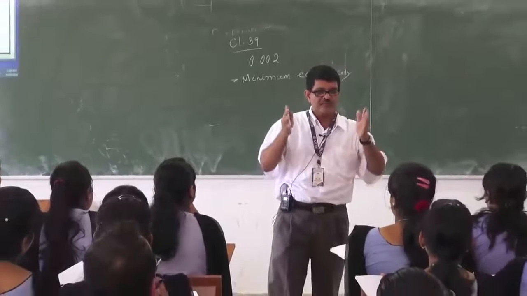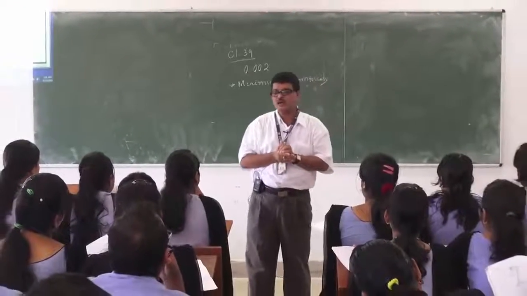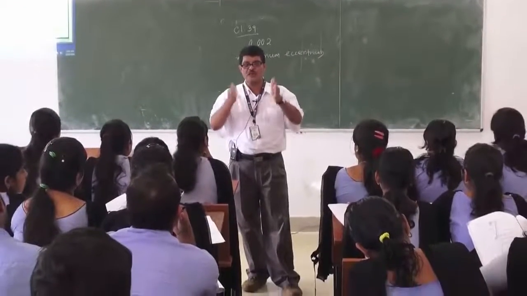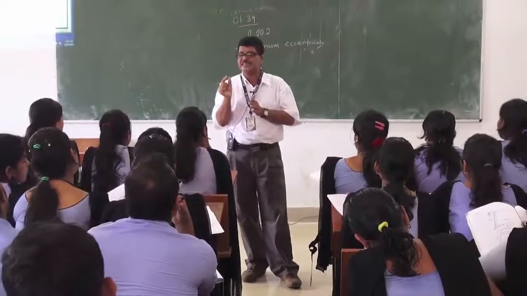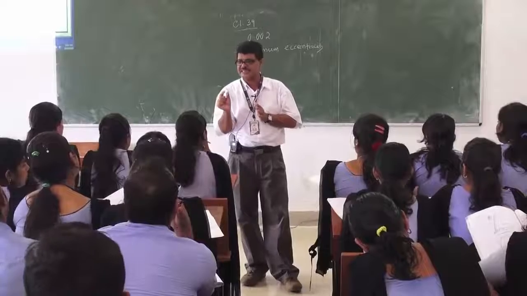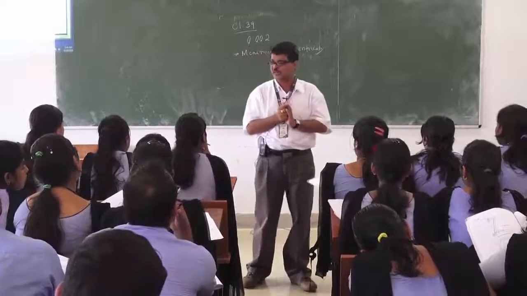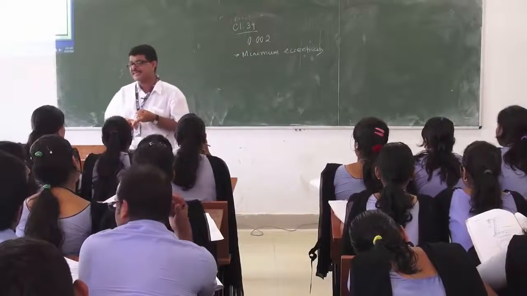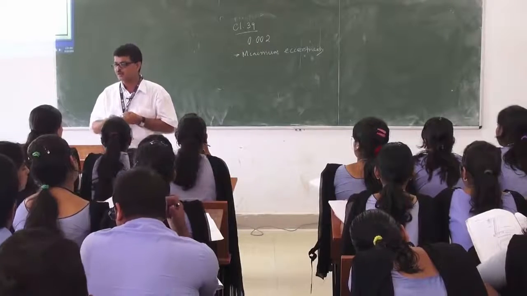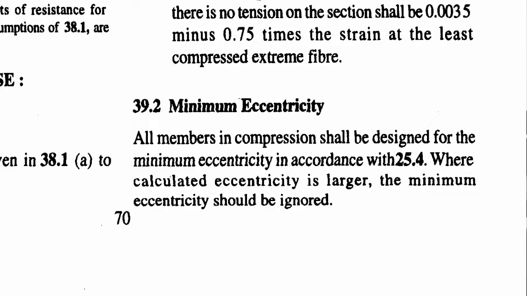These things lead to minimum eccentricity. Though we call it an axially loaded column, still there will be some permissible eccentricity. If the eccentricity is within the permissible value, then we can design it as an axially loaded column. So the code says all members in compression shall be designed for the minimum eccentricity in accordance with 25.4.